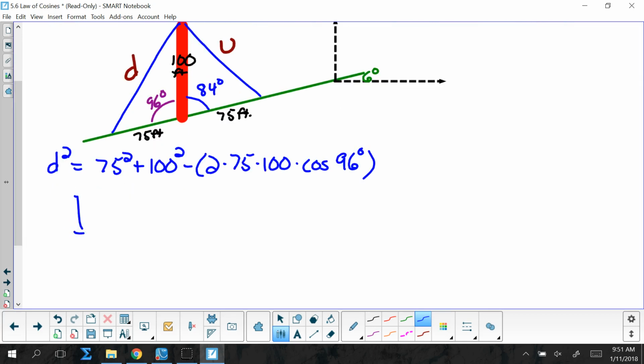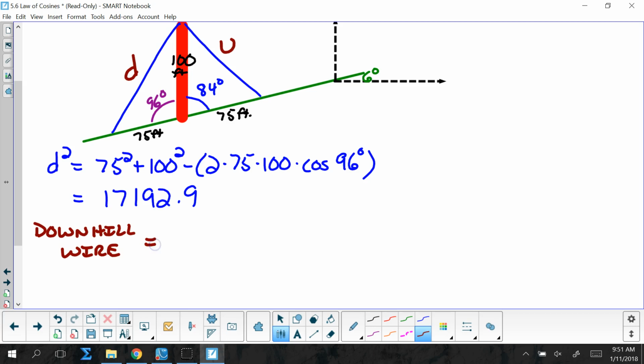So that's going to be 17,192.9. So my downhill wire is 131.122 feet long.